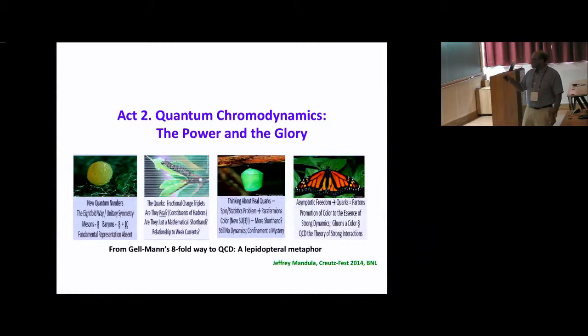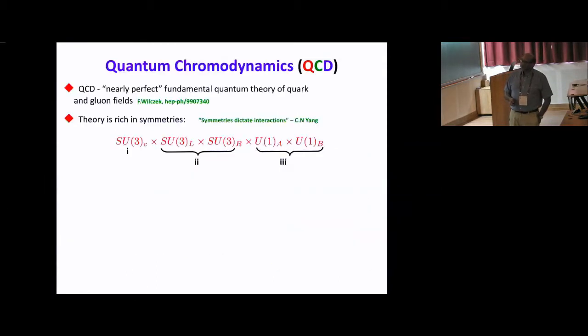So it was a painful and quite illustrative example of how science progresses. But now, of course, we just stand here and look at this, and we're very happy about it. Anyway, this was a lepidopteral metaphor for how QCD came to be. But it is really something special.